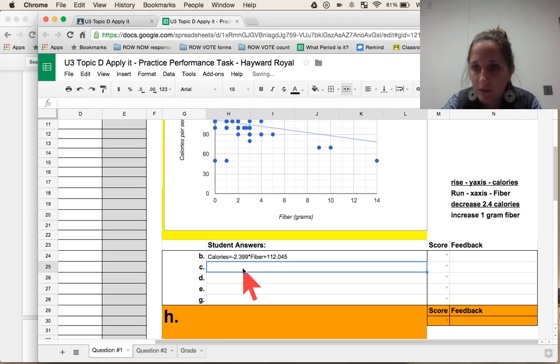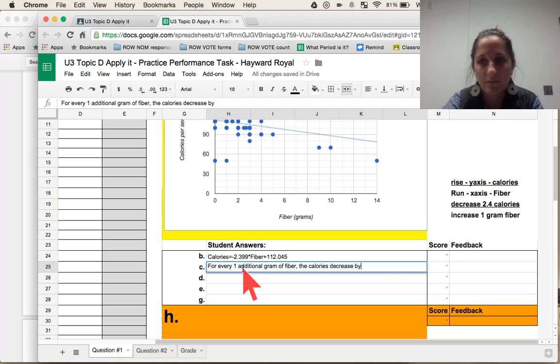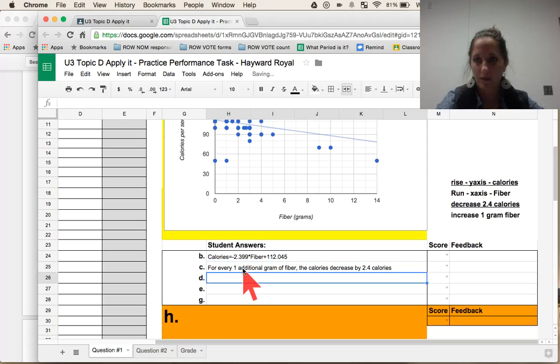Okay, so what does this really mean? For every 1 additional gram of fiber, the calories decrease by 2.4 calories. Okay, so if we increase by 2 grams, then it'll decrease by 4.8 calories, so on and so forth.